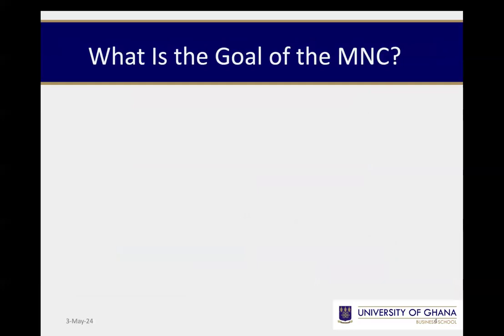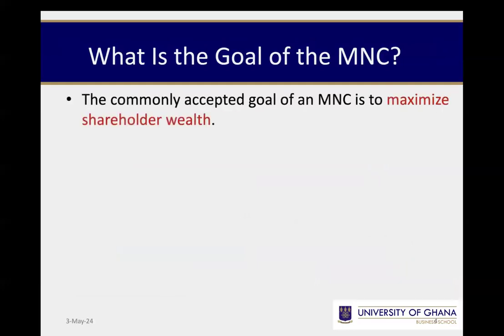Now, what is the goal of a multinational company? A typical multinational company, like a normal domestic firm, has the goal of maximizing shareholders' wealth. In reality, for the multinational company, they just have subsidiaries that could look like branches of the headquarters. So the goal here is to maximize shareholder wealth.